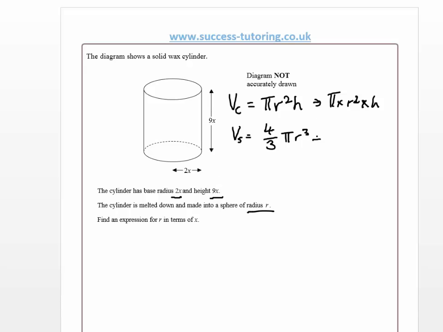Similar to here, it means 4/3 multiplied by pi multiplied by r to the power of 3, or r cubed. We need to understand those formulas first and foremost.